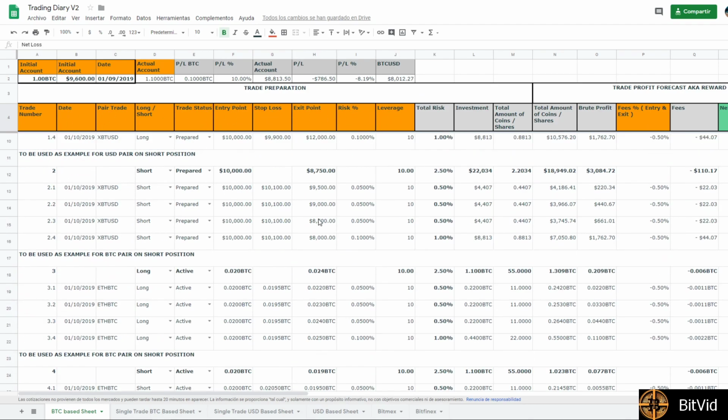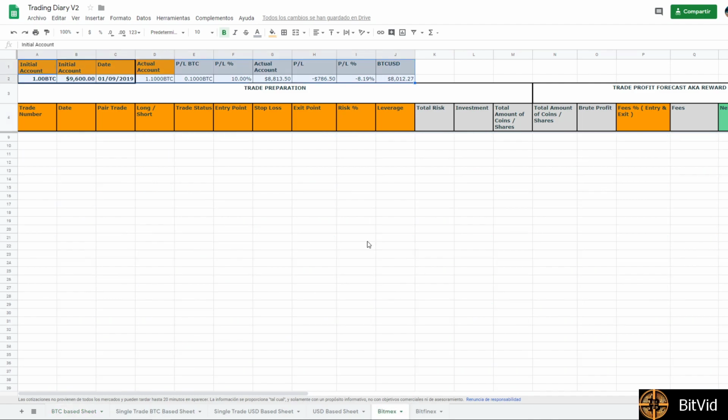To explain how it works, I will begin working with examples. So let's go to the BitMEX sheet and we will begin here. Let's imagine that our BitMEX account initially is 1 Bitcoin. We put 1 Bitcoin and here we put the value of Bitcoin on the day that we opened the account.